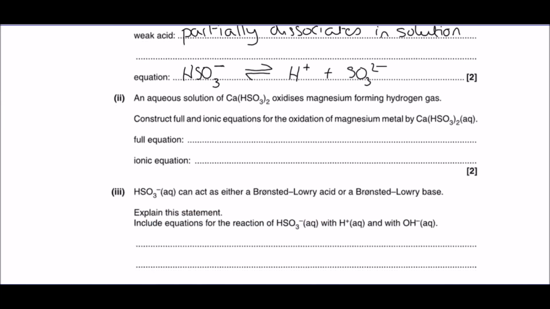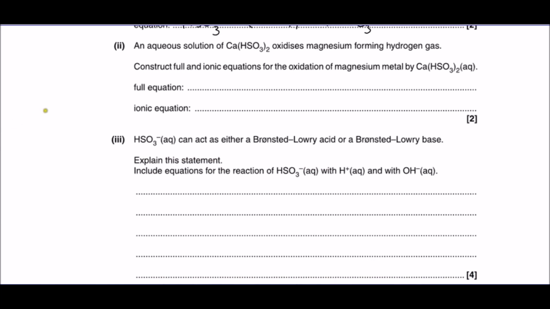Next bit, again, this bit's quite tough. So we've got aqueous solution of calcium hydrogen sulfate oxidizes magnesium. So there's the calcium hydrogen sulfate, and it's going to react with some magnesium. Now we know that on the right hand side we're going to get hydrogen gas because it tells us that.